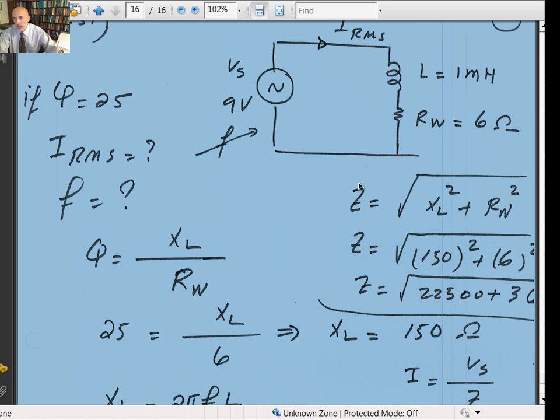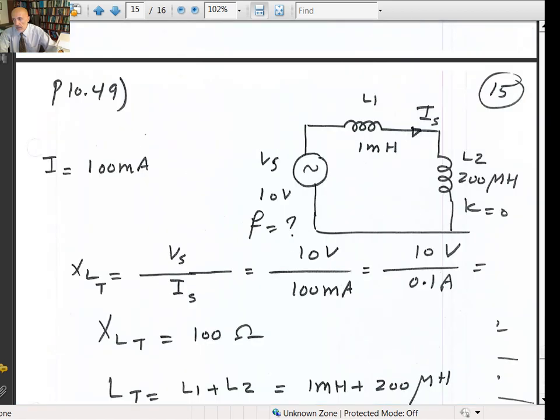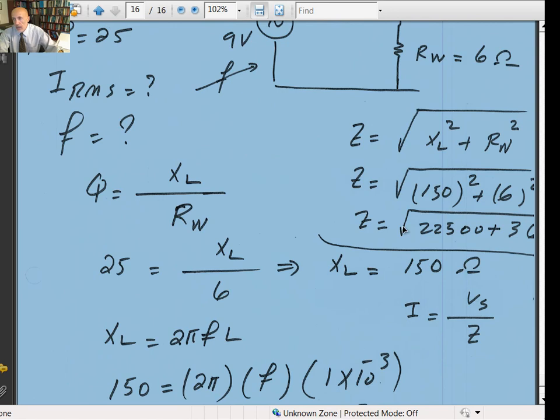Now we're going to see in the next chapter that the impedance for the simple RL circuit is equal to the square root of X of L squared plus the resistance of the winding squared. The actual calculation would be 9 volts divided by this quantity right here.